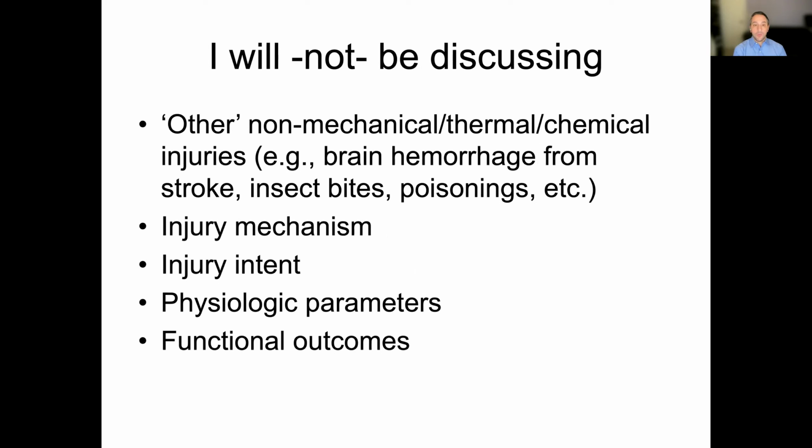Some examples of the ones I won't be discussing, at a high level, are things like brain hemorrhage from a stroke, or a brain injury from a tumor, or things like insect bites, even though they're technically in the injury category of the ICD lexicon. Poisonings, again, even though they're in the broader injury category, they're not a mechanical or thermal injury. The only exception to that would be if there's some type of caustic burn resulting in a burn.